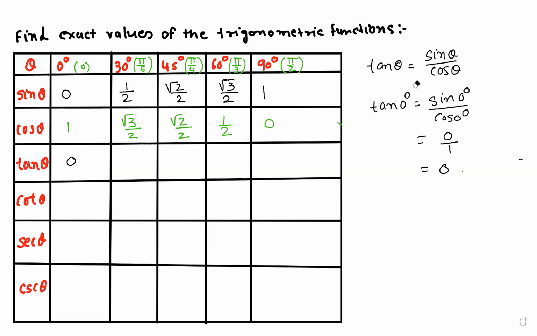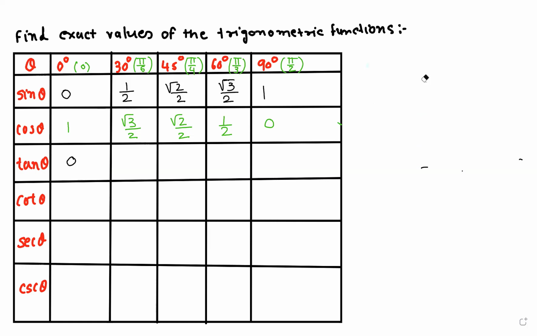Now the next one is tangent 30 degrees. So tangent 30 degrees is sine 30 degrees divided by cosine 30 degrees. So when we do that, we get 1 over 2 divided by radical 3 over 2. Since both fractions in the numerator and the denominator have the same denominators, we can cancel them out in the division process.